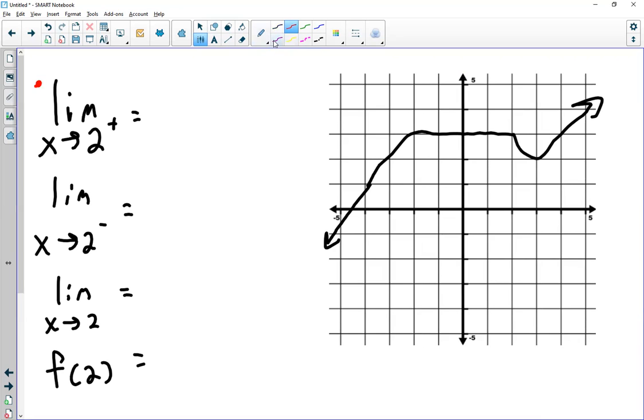I'll color code this red, green, blue, purple.